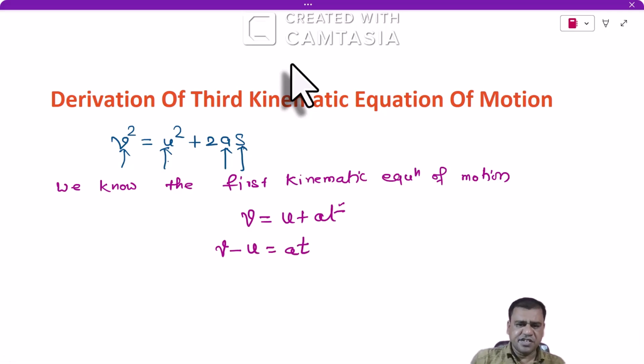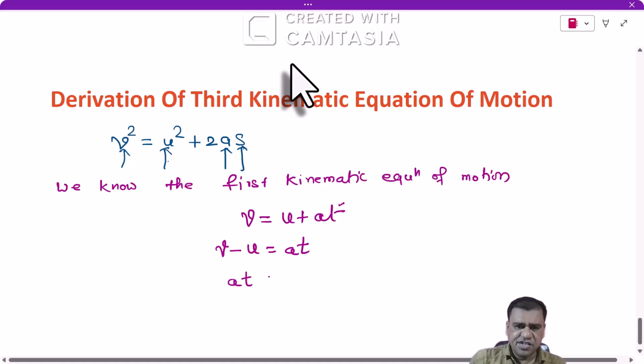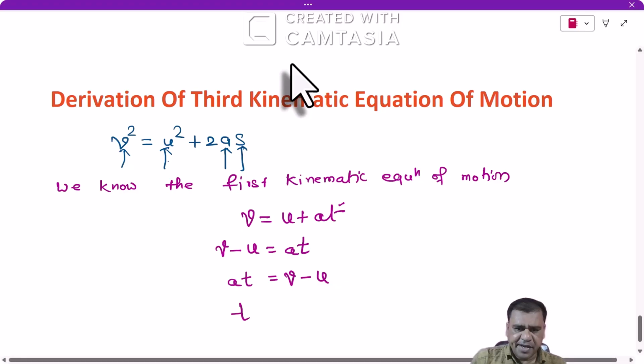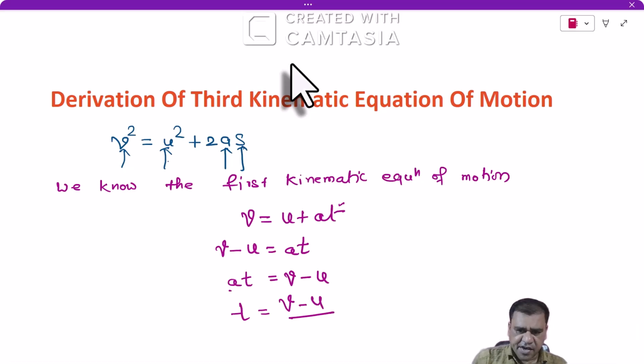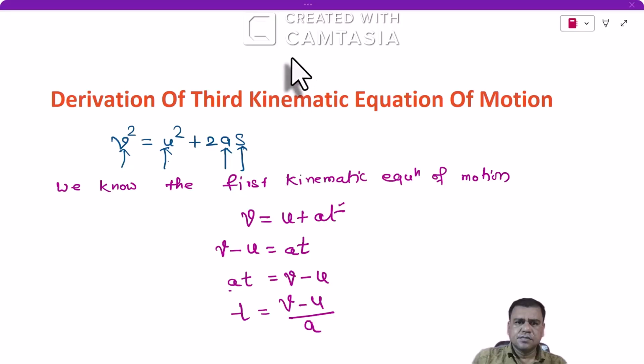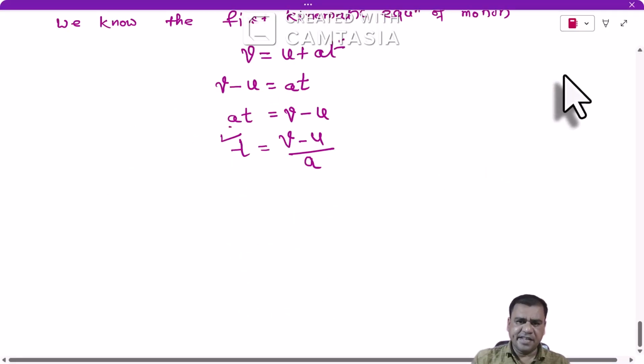Now interchanging the sides, that is at is equal to v minus u, हमने दोनों का अदला बदल किया है. We actually interchanged both of the sides. Now this t can be calculated as v minus u divided by the acceleration, on the right hand side it will be division. Here we get the value of t, that is nothing but v minus u divided by a.